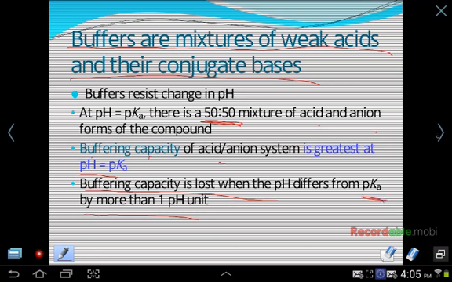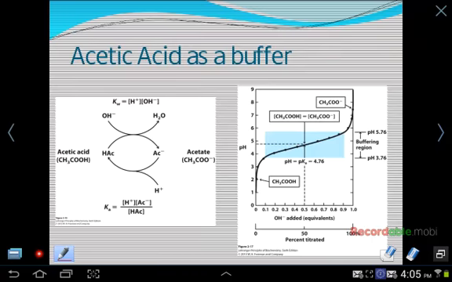So let's put this in picture form. Acetic acid is actually a weak acid, which means it can act as a buffer. So here we have acetic acid and its conjugate base, acetate. Say for instance we have a mixture that's equal 50-50, 50% acetic acid, 50% acetate.